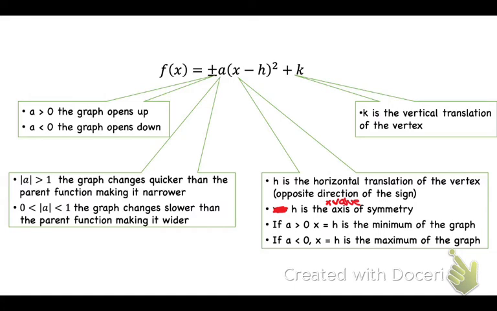Okay? It should be a little indent right there. How about h is the x value of the axis of symmetry. I know why they wrote it the way they did, but sometimes that's confusing.